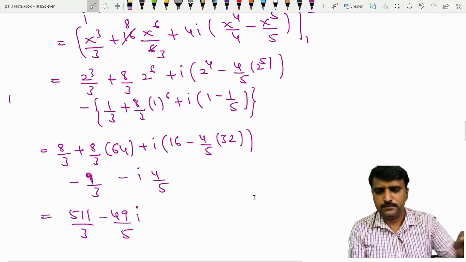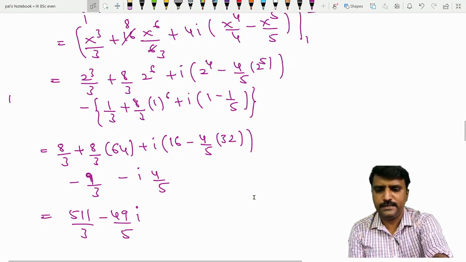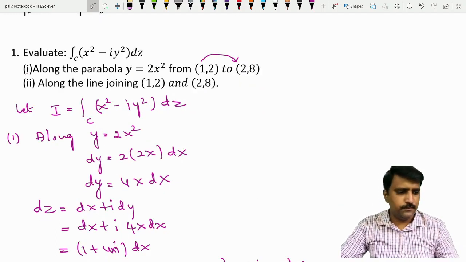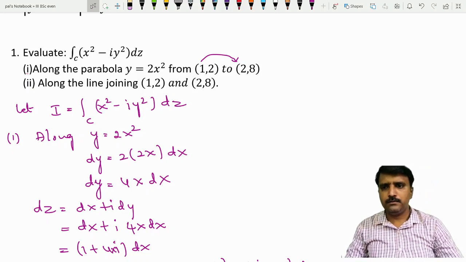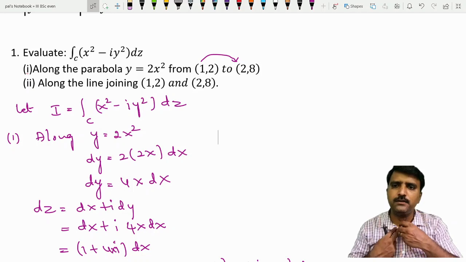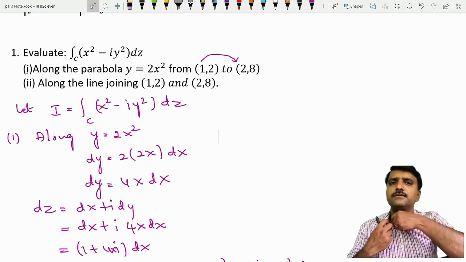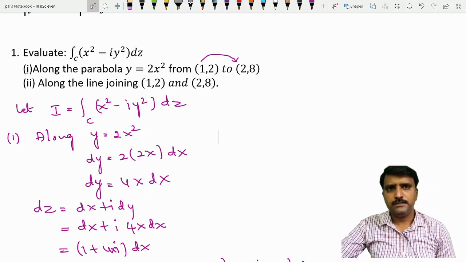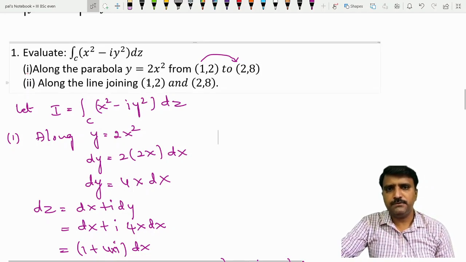Okay, so next, second case. In the second case, we have to evaluate this integral along the line joining 1, 2 and 2, 3. That is, first we have to write the equation of the line joined from the point 1, 2 and 2, 3.